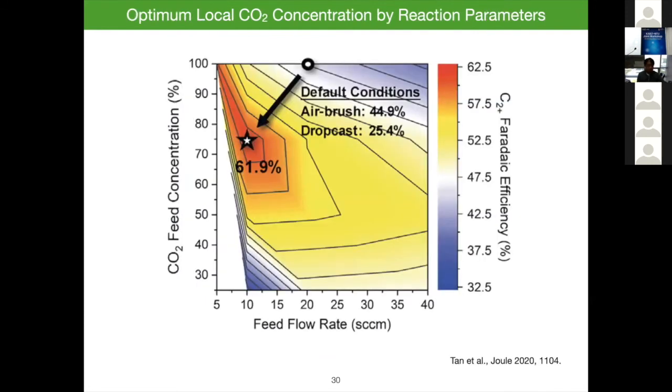So we can construct the contour plot to optimize the C2 product Faraday efficiency as a function of CO2 concentration and the flow rate.